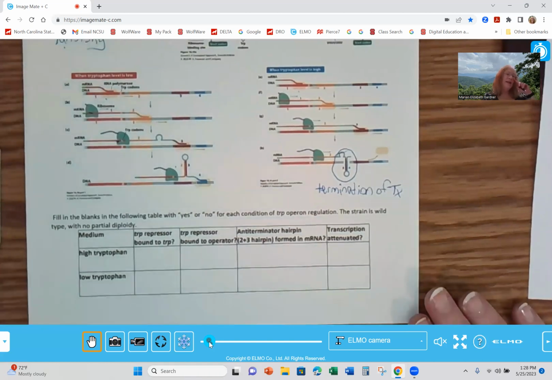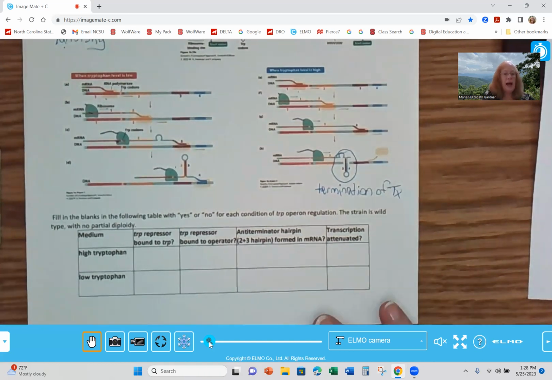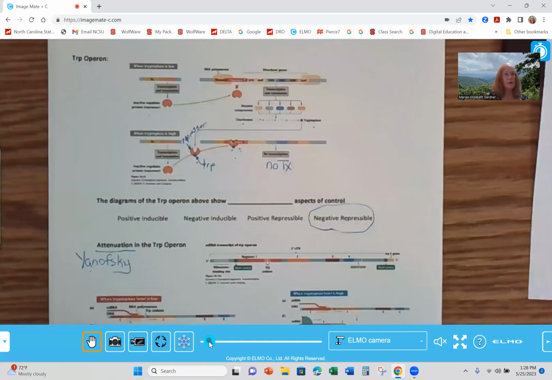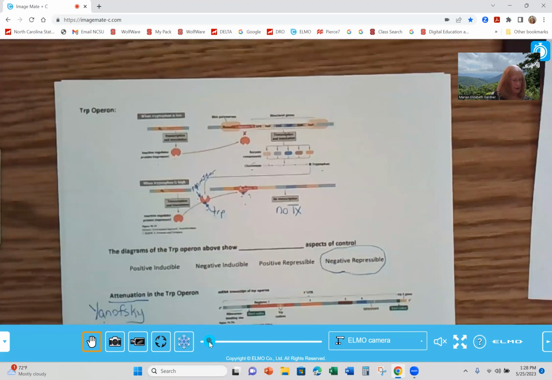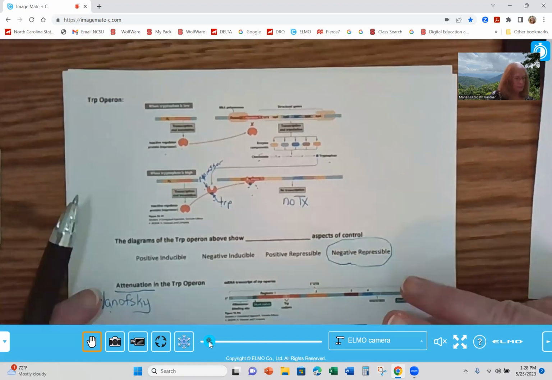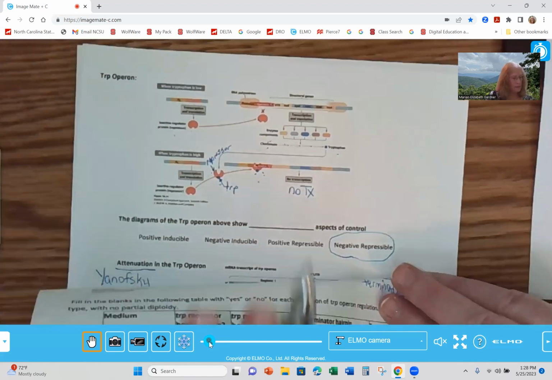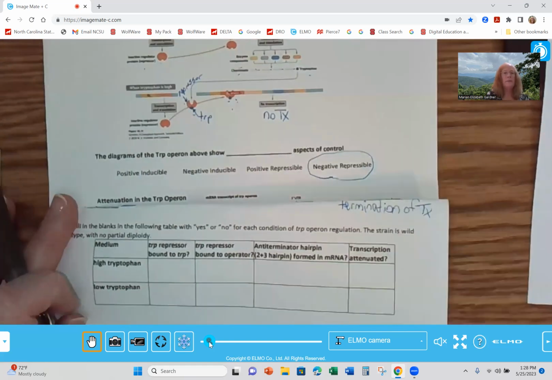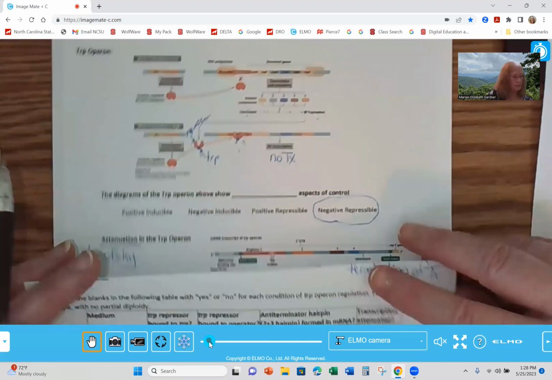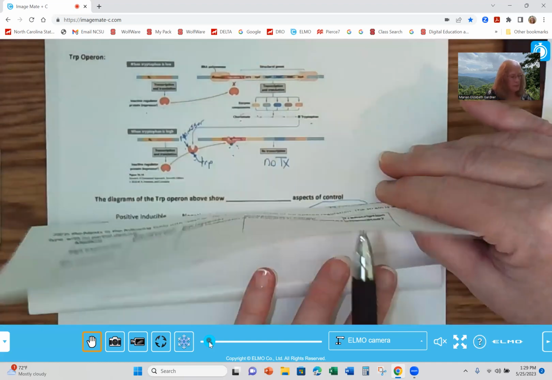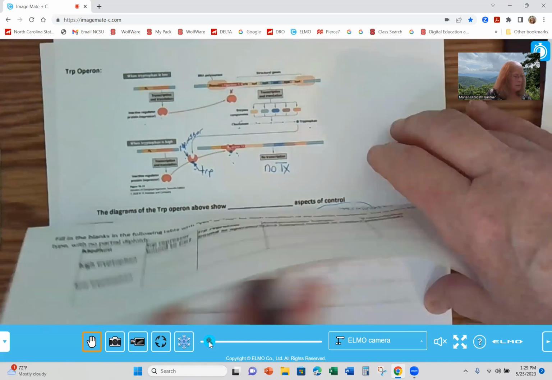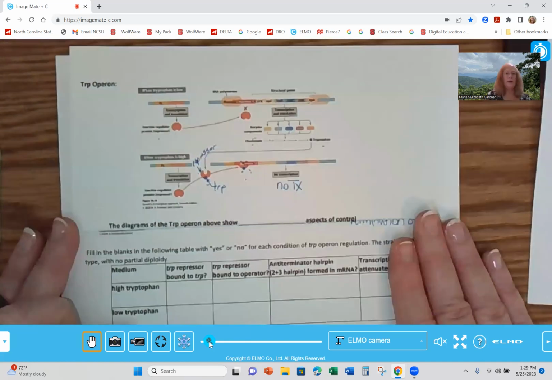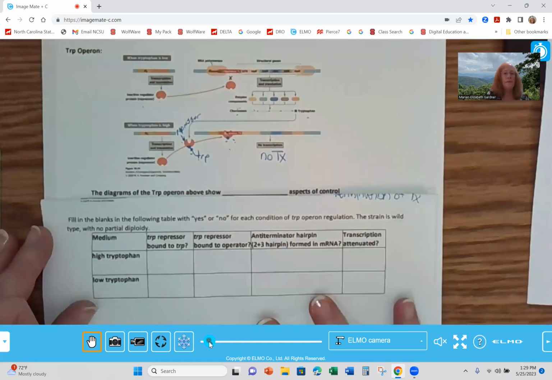So thinking about the trp operon, let's see if we can figure out this chart of high versus low tryptophan. So what we're really doing is we're looking at those top diagrams there. Okay, I think you can see those diagrams in the chart now.